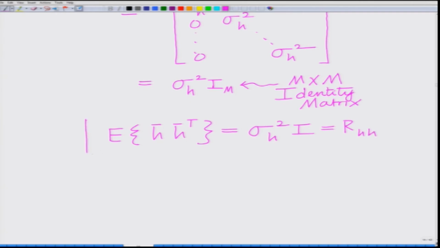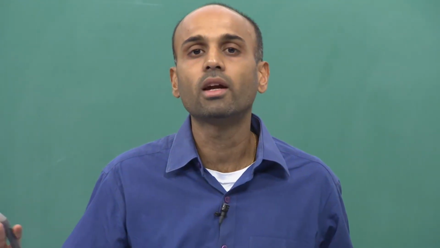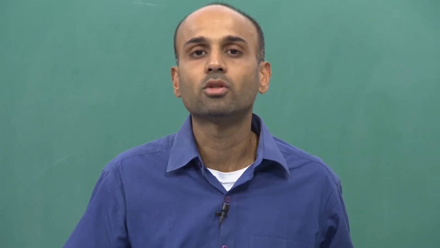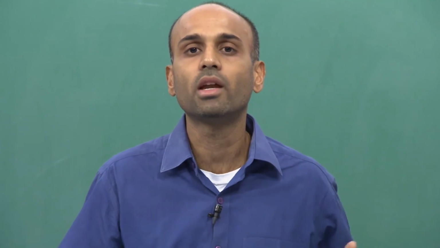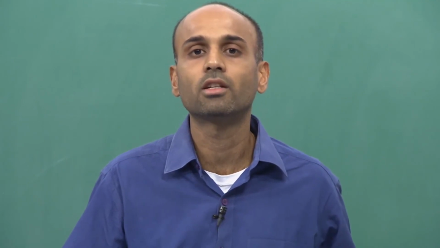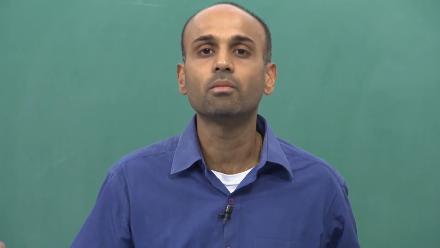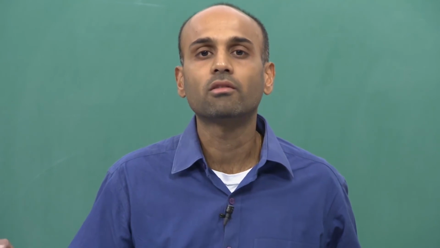Since we have a parameter vector, we have the covariance matrix RHH. Considering uncorrelated channel coefficients, each with average power sigma h square at each antenna, the covariance matrix RHH is sigma h square times the identity.